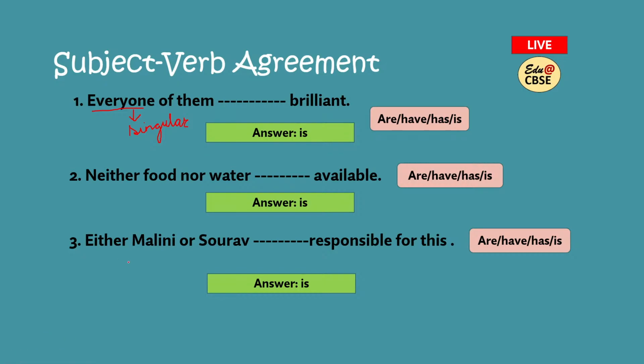So either ya Malini ya Saurav. They are not talking about both of them together. Alag alag. Again, it is the correct answer. So you have to identify the true subject of the sentence. Subject identify karo and then you will never go wrong.